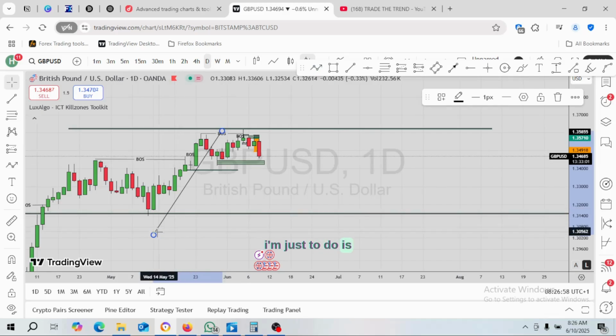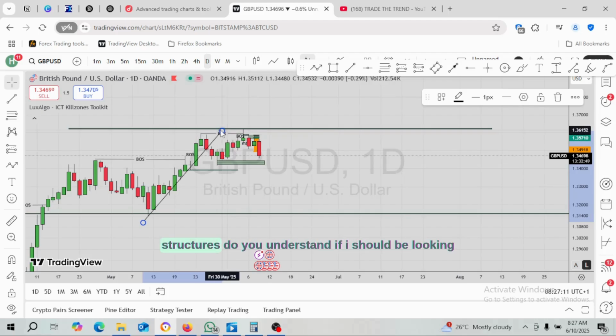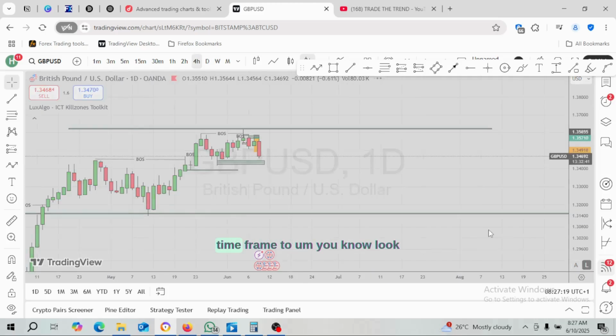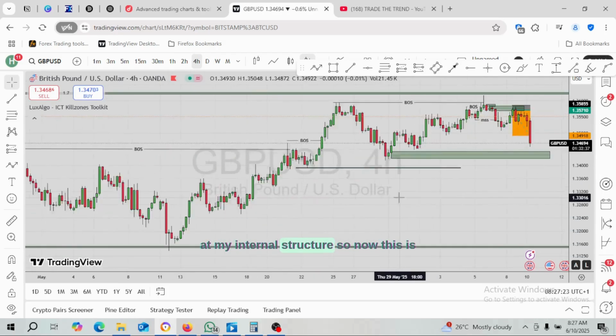All I'm going to do is go into a smaller time frame to look at what price is actually doing at this daily swing, to mark out the internal structures. Do you understand? I should be looking for continuation to the upside, or maybe we're already having a pullback. So I went down to the 4-hour time frame to look at my internal structure.